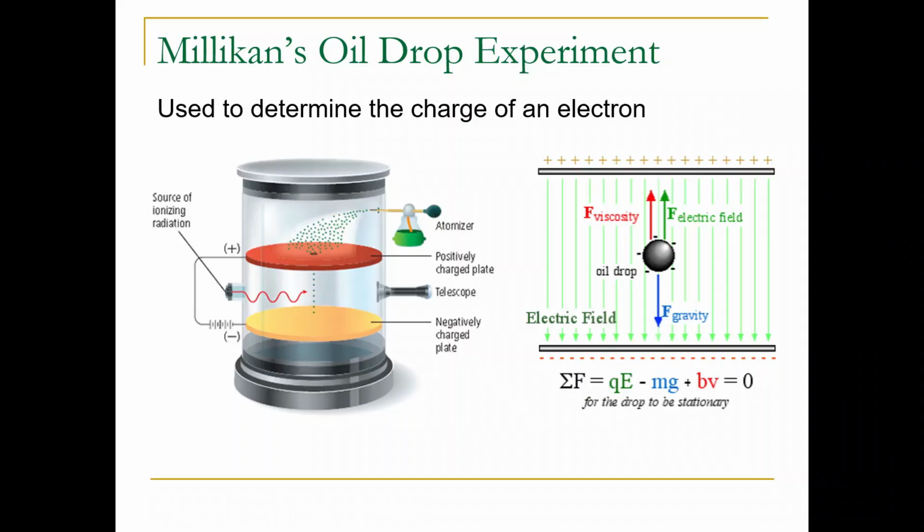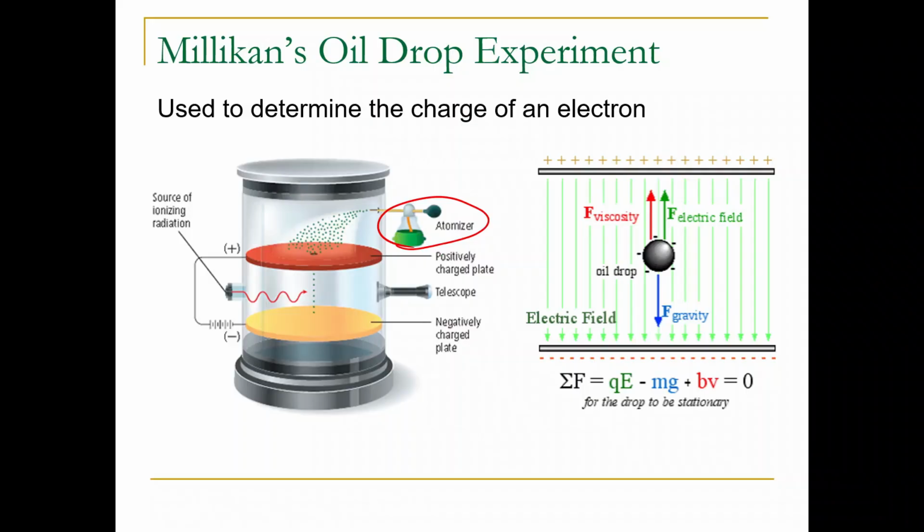We discovered the charge of the electron using an experiment called Millikan's oil drop experiment. What Millikan did is he took an atomizer, which is kind of like a perfume sprayer, and it made a very, very fine mist of oil droplets. These oil droplets were negatively charged.